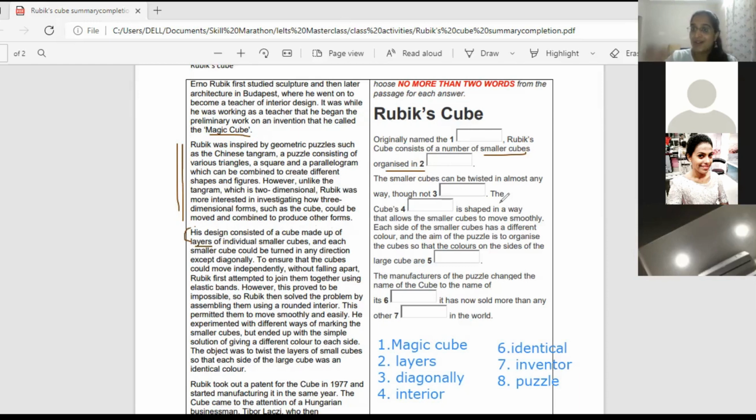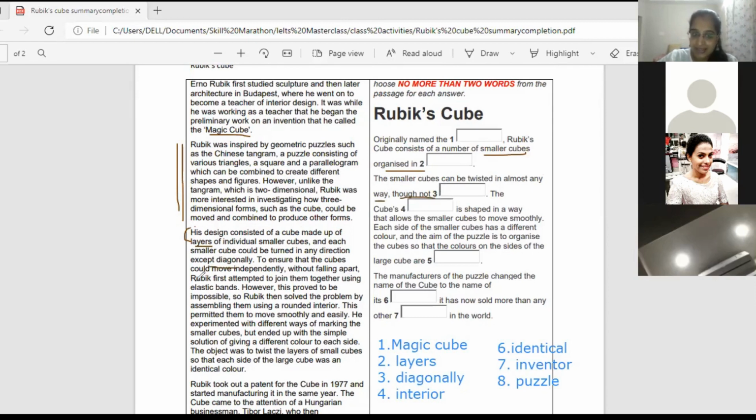Again, please remember, keywords, synonyms are being used. Are you getting my point? And they have restructured the statements. The smaller cubes can be twisted in almost any way, which is the same thing as, each smaller cube could be turned in any direction except diagonally.